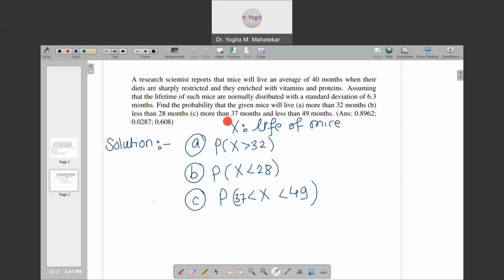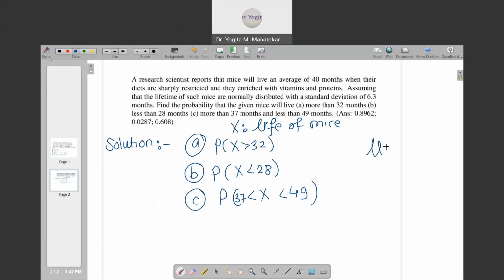Basically, first we need to understand that the random variable capital X here is the lifetime of the mice, which is a continuous random variable. And it is given that the lifetimes of such mice are normally distributed. When a normal distribution comes, it comes with two parameters, namely the average or mean, which is given as 40 months, so mu is equal to 40.